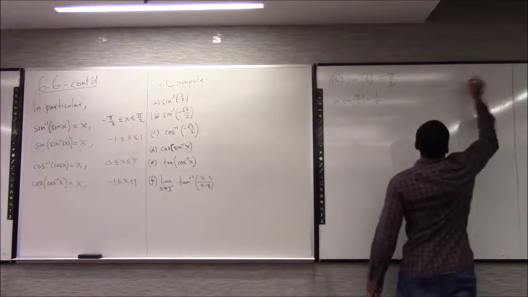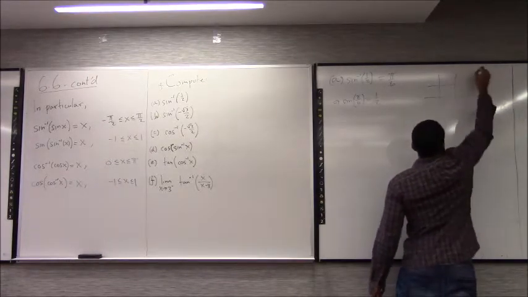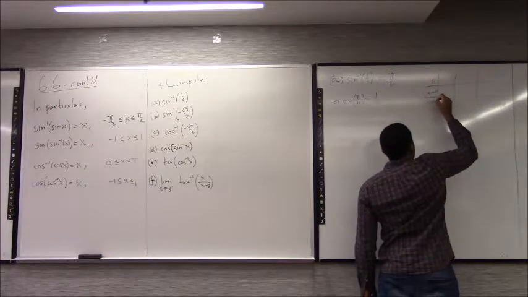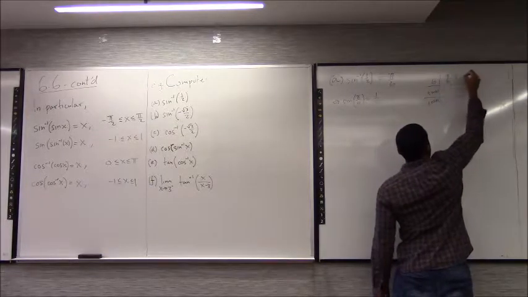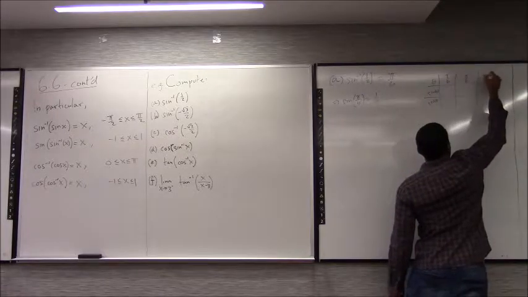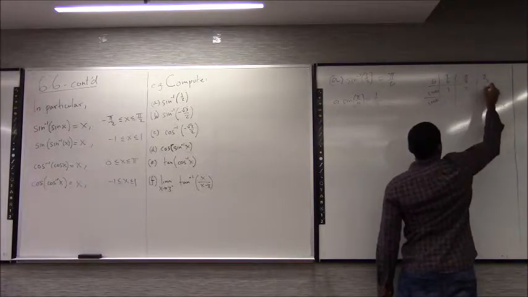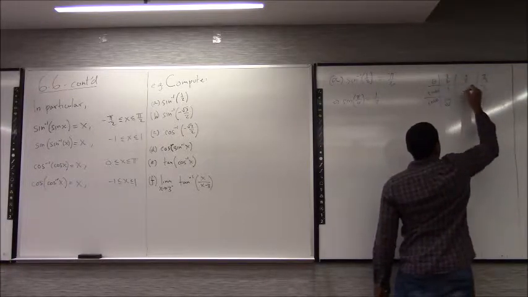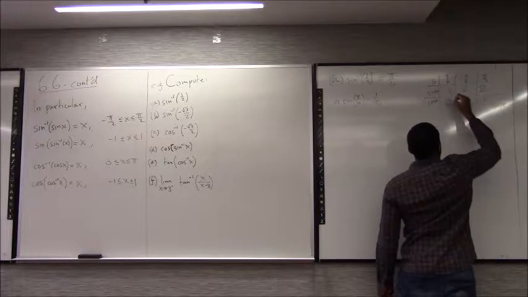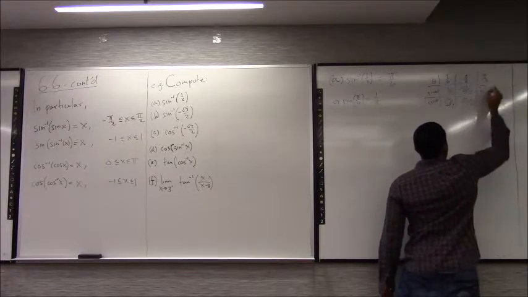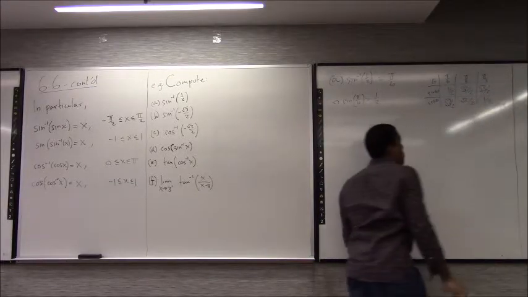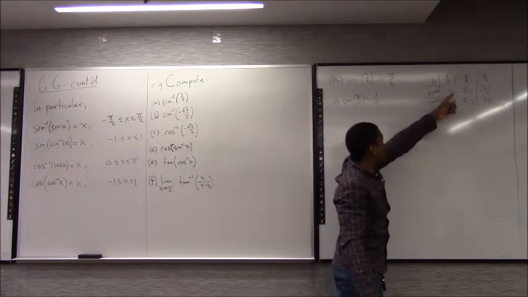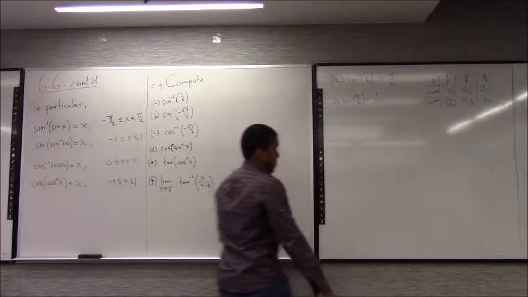Remember that whenever we're doing this, we can have our little table on the side here: theta, sine theta and cosine theta, with pi over 6, pi over 4, pi over 3, and 1, 2, 3, take the square root of everyone and then divide everyone by 2. Of course, the sine of pi over 6 gives you a half, so the inverse function is going to take a half and bring you back to pi over 6.